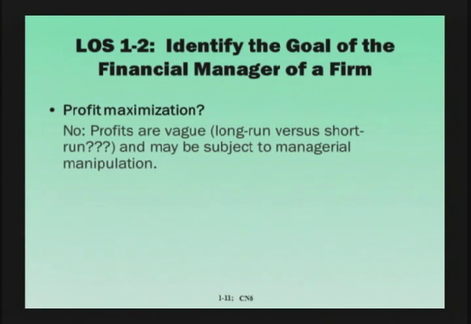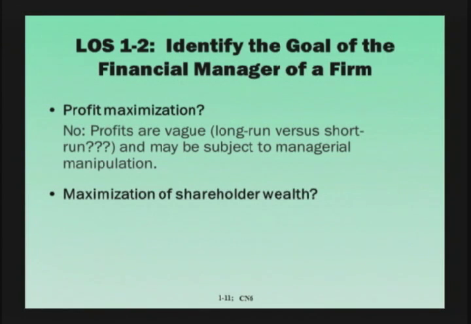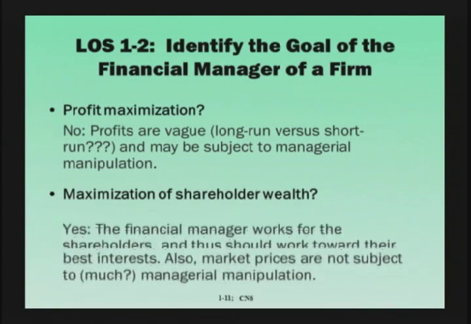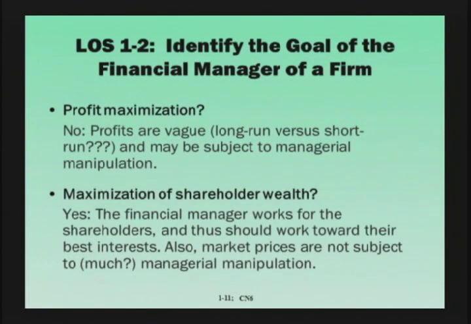So it's that ability to perhaps manipulate, or at least the involvement of judgment in the preparation of financial statements, that could cause profits to not be an absolutely reliable measure and may not be the appropriate goal for the firm. In finance, we ascribe to the theory that the maximization of shareholder wealth should be the goal of the financial manager.